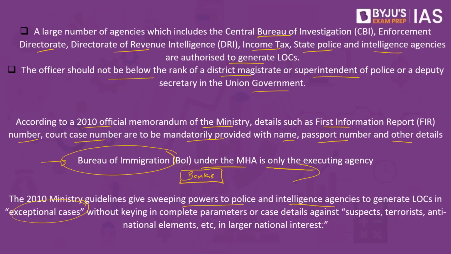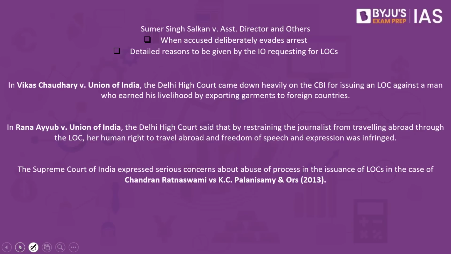In order to prevent this misuse, we have the Delhi High Court, which in one of the landmark cases called Sumer Singh Salkan versus Assistant Director and others, has issued some guidelines. What are these guidelines? The first guideline is, when the accused deliberately evades arrest, when can the LOC be issued? Let's say a person has committed a cognizable offense, either under the Indian Penal Code or any other law present in the country.